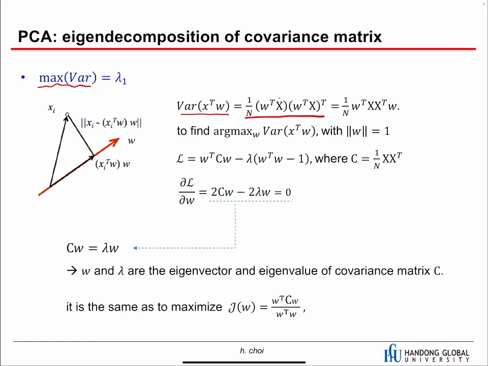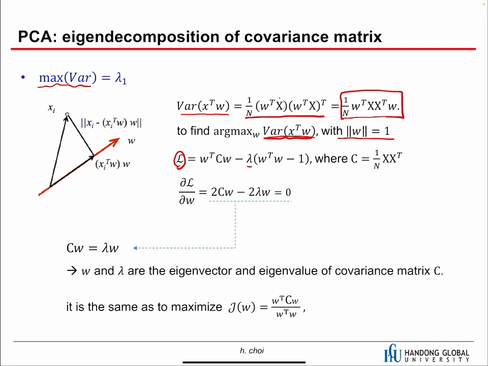So X is the set of all the data samples, and then we can rewrite this equation like this. And finding the argmax over w of this variance with this constraint can be done by a Lagrangian function. So this one is the Lagrangian function with the Lagrangian multiplier here.